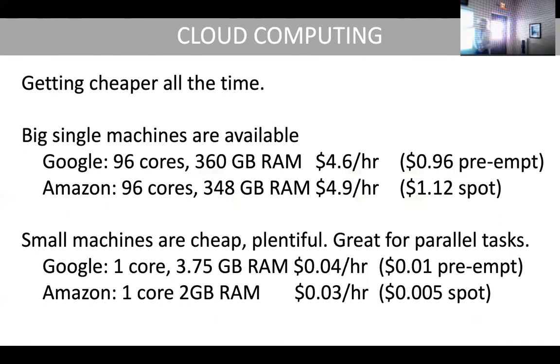Ridiculous. And 360, 348 gigs of RAM. If you're having problems fitting a process on your laptop, you can rent one of these machines. It costs $4 to $4.50 an hour. Or if you get one of these where it runs when it can and you're not in full control over the timing, you can get it down to $1 an hour for one of these huge machines.